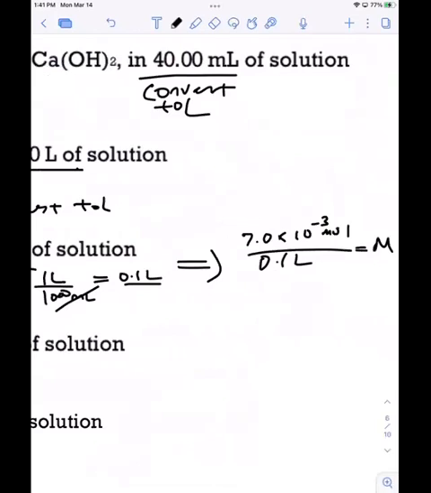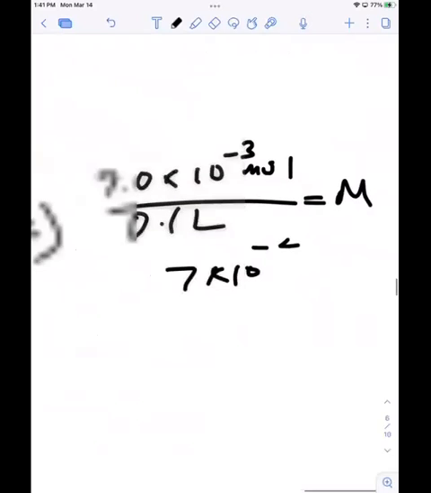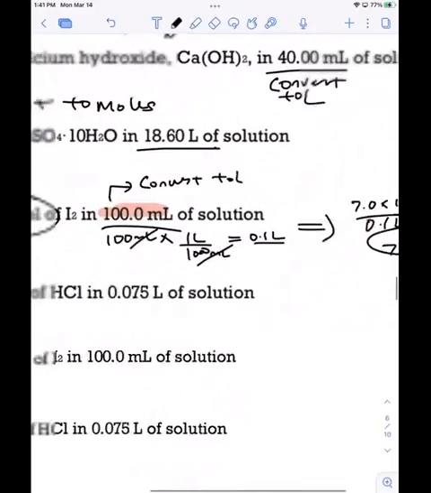So that's how we'll solve for that molarity. It should just move the decimal back once. So it should be 7 times 10 to the minus 2 molar. Is that right? Yes, sir. So it'll be 7 times 10 to the minus 2 molar.